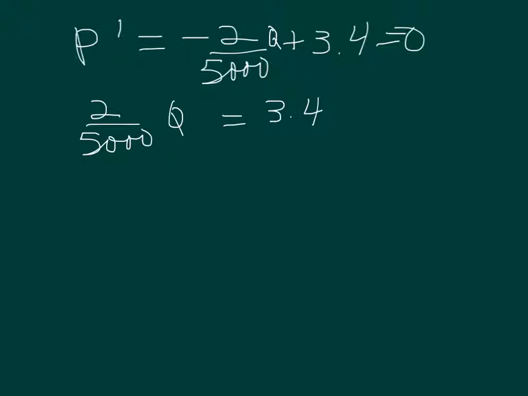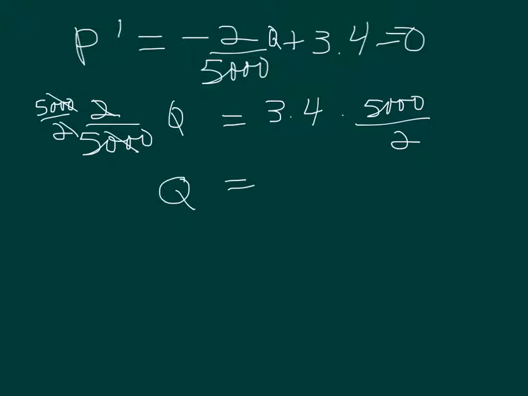So multiply both sides by 5,000 over 2. That cancels. That becomes a 1. Do the same thing over here. And if you do the math, you'll find that Q is going to equal 8,500. Okay, that's our Q.